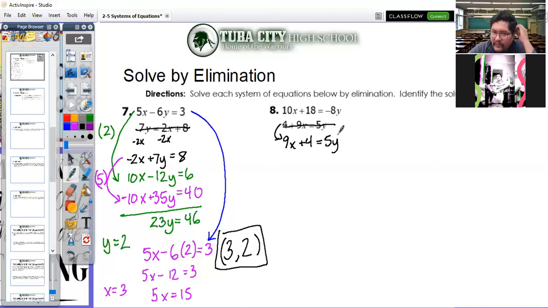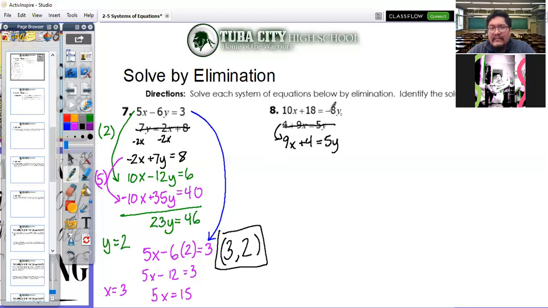So now let's go ahead and focus on eliminating one of these numbers. So what can I eliminate now? Both of them seem kind of equally easy. I don't see one being any easier than the other, because here, if I wanted to eliminate y, they would meet up at 40, and over here they'd meet up at 90.